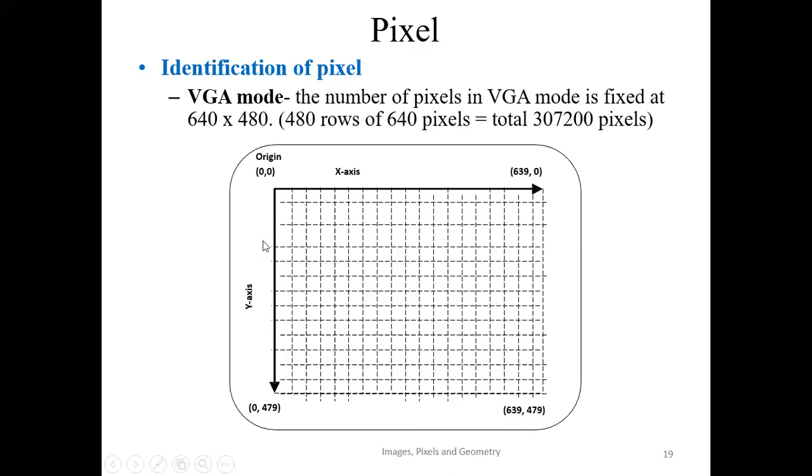Why 639? Because on the x-axis we have 639 dots, and on the y-axis we have 479. If I multiply both, we have a total of 307,200 pixels. Using these 307,200 pixels, we'll draw an image and also calculate how we can draw it.